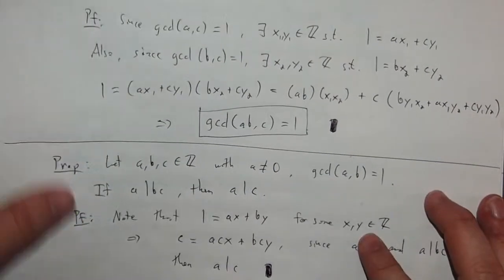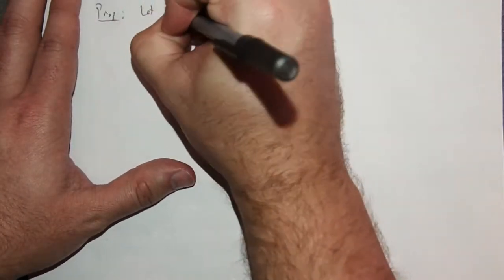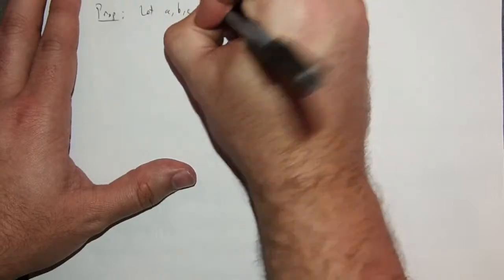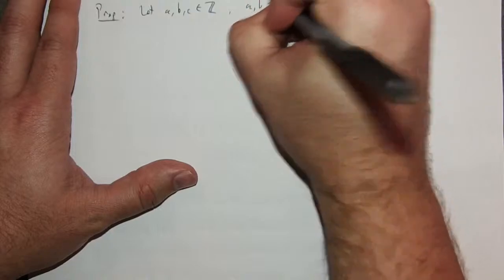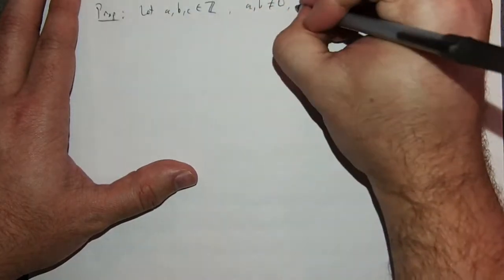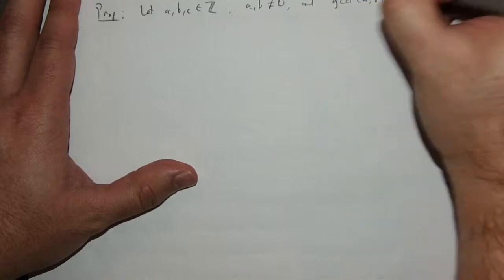One more proposition, and then I'm done with the applications of this fact. So here's another. Let A, B, and C all be integers with A and B non-zero, and the GCD of A and B, again, is 1.